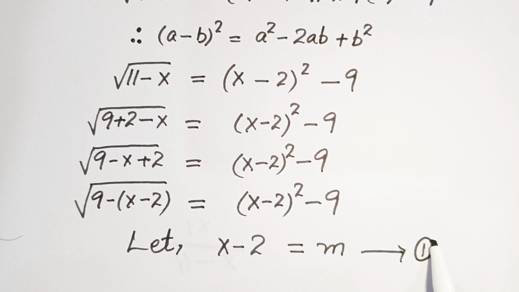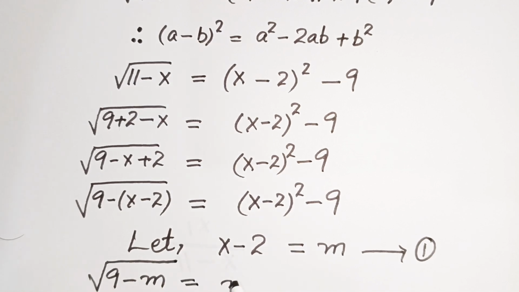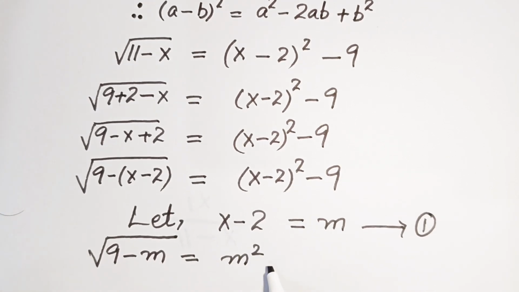So it is our equation number 1. By putting this value here, 9 minus m whole square root is equal to m squared minus 9.